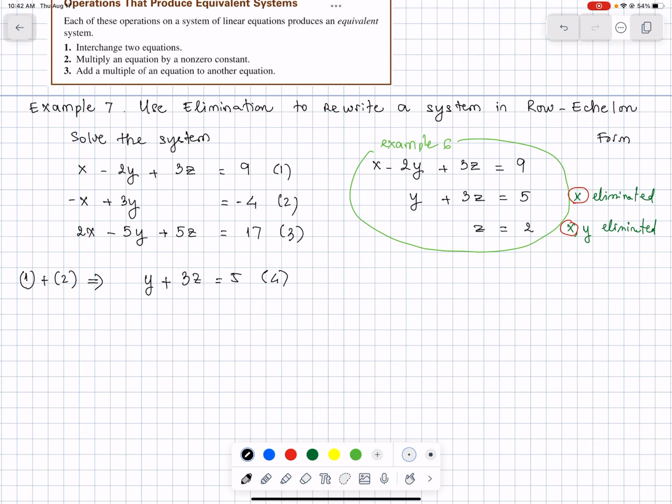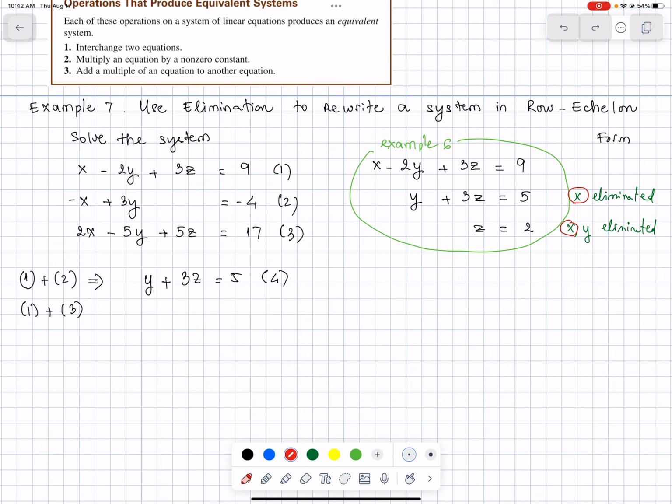Then I look at number 1 and number 3. I want to eliminate x here also. But the coefficient of x is 1 in the first equation and 2 in the third equation. So I want to multiply by -2 so that I get -2x, and adding the positive 2x will eliminate the x.